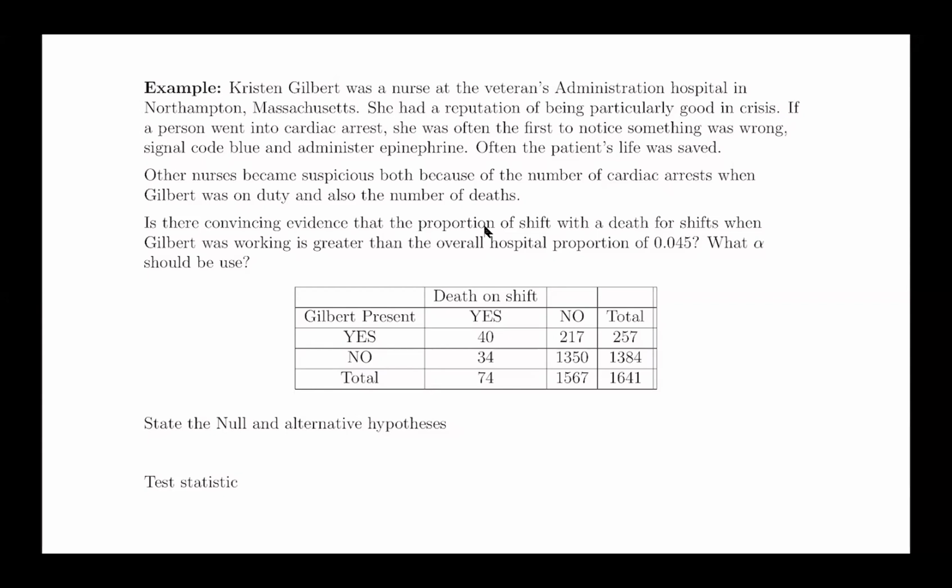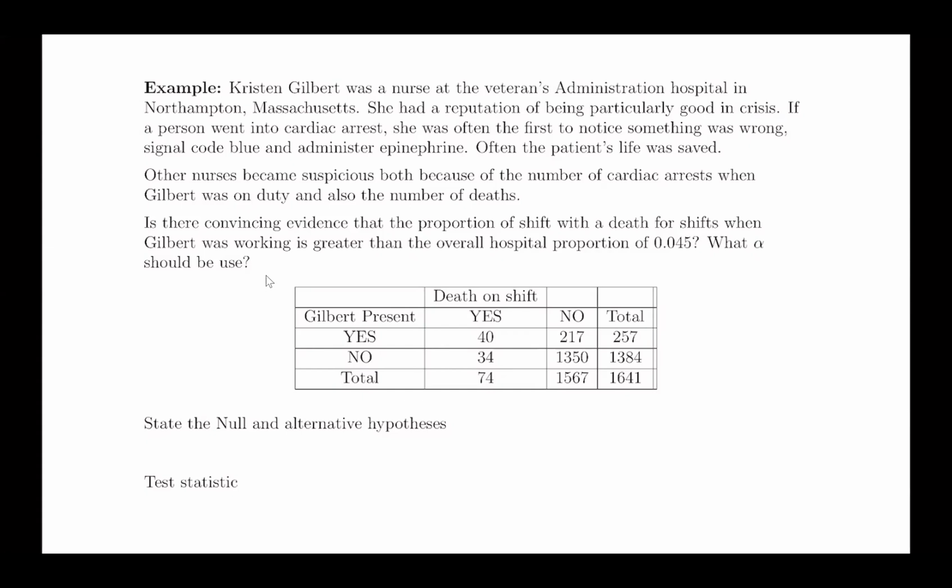The smaller the alpha, the closer it is to 0, the more evidence you want. So if we use alpha of 0.01 compared to alpha of 0.20, the alpha of 0.20 tells us we don't want that much evidence, but the alpha of 0.01 tells you that you want a lot of evidence. So read this problem and try to decide what alpha level you should use.